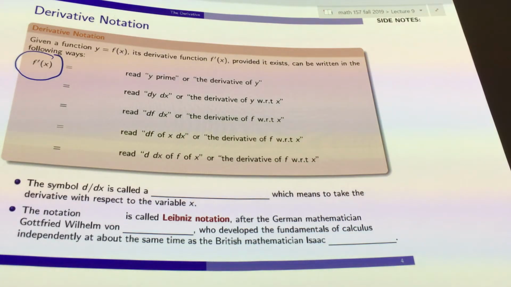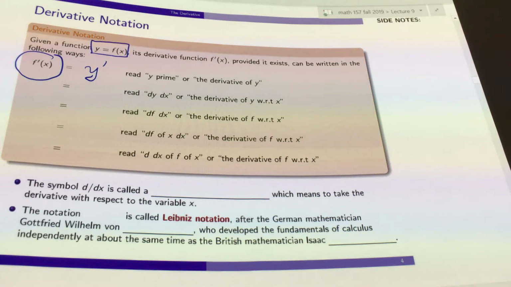Depending on the situation, sometimes I use another notation which is more convenient. F prime is a very useful notation, especially when f is given. Sometimes you say y equals f of x, this is your graph, so y corresponds to the function values. So sometimes I will also write y prime to represent the derivative. You read it as y prime, or the derivative of y.